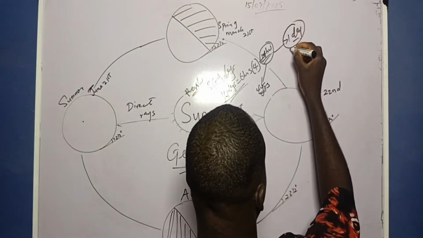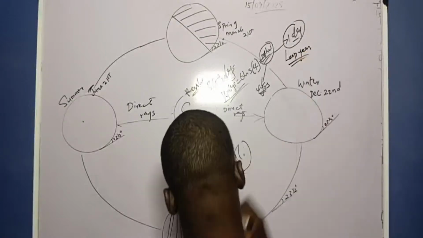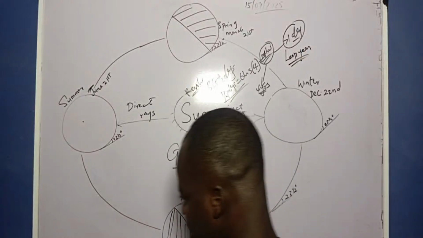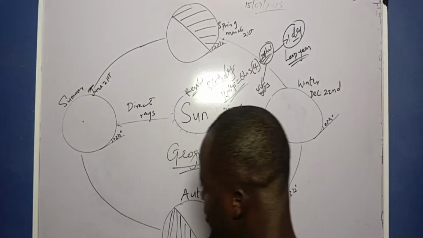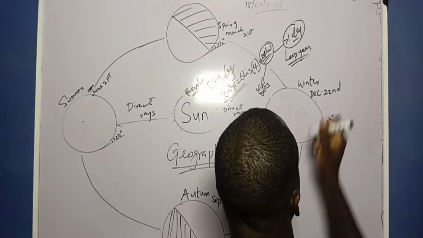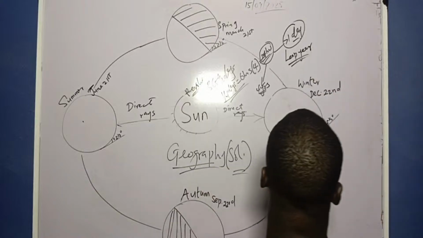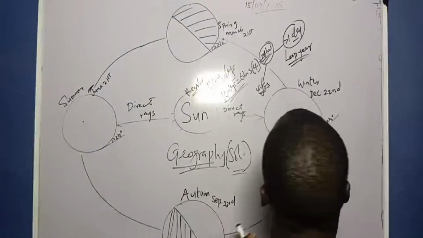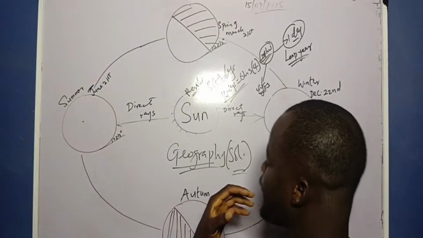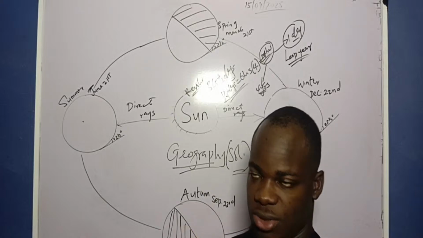So that 1 extra day is what is regarded as our leap year. So leap year normally occurs every single 4-year term. The leap year, as you know it, is basically when you get 6 hours times 4 accumulations.